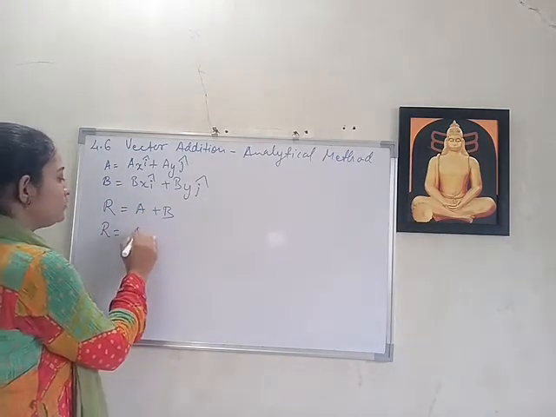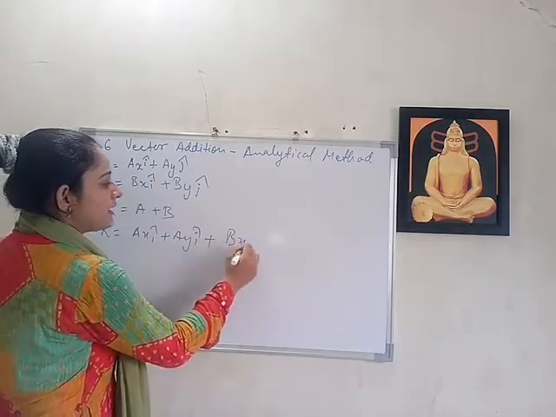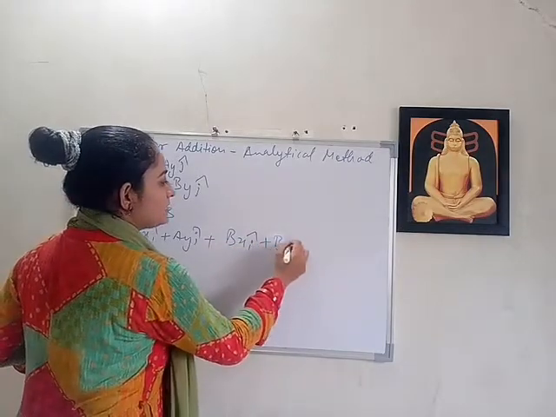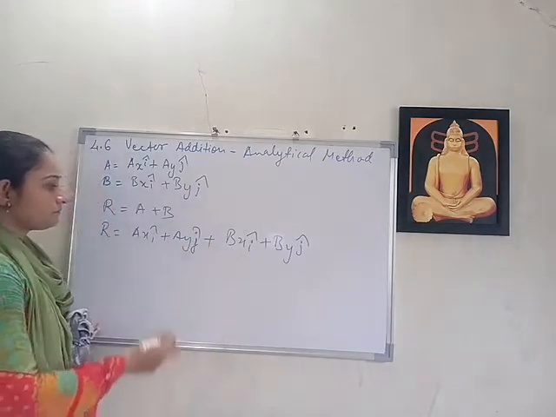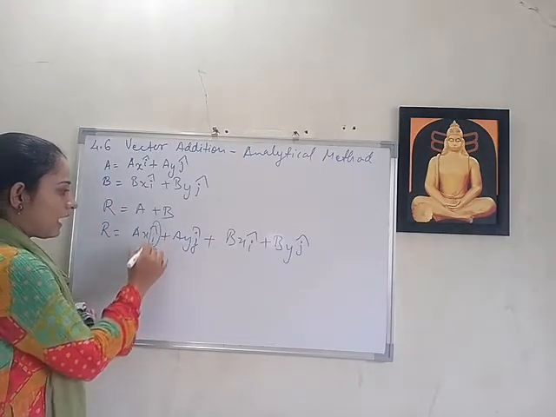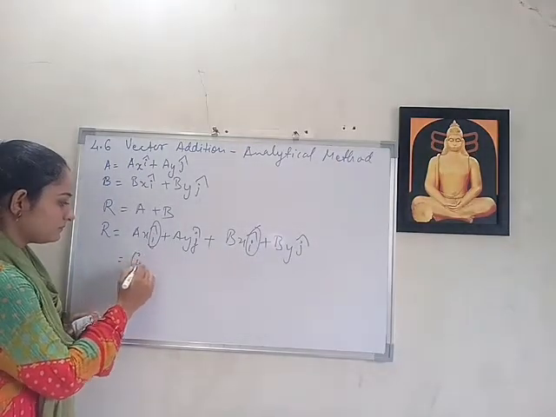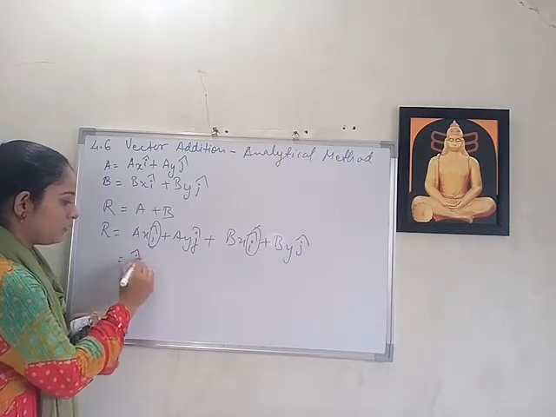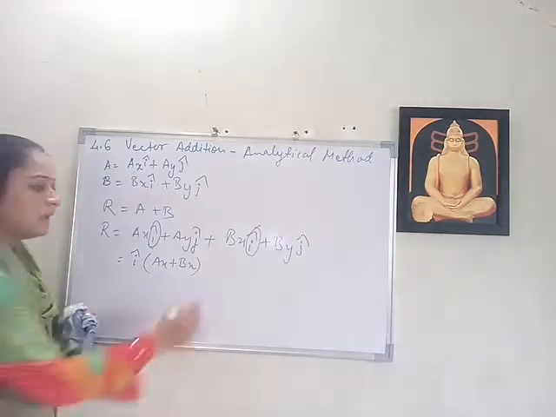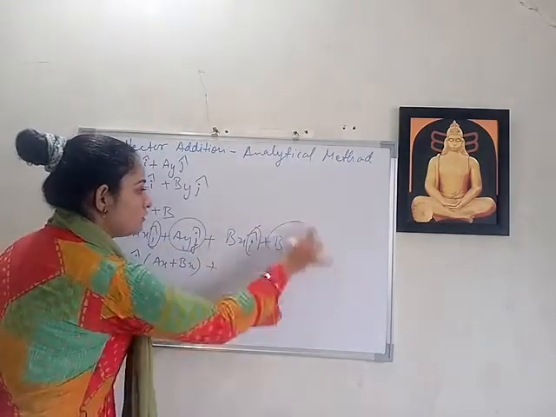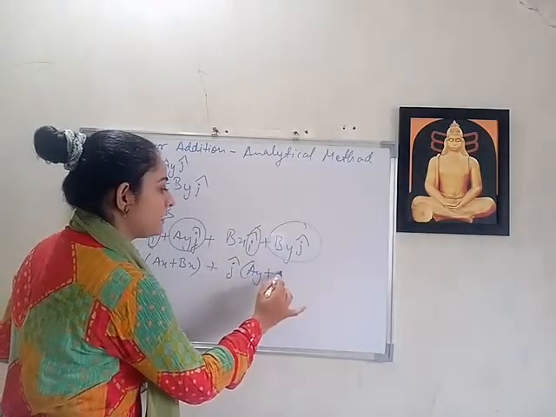R will be equal to Ax i plus Ay j plus Bx i plus By j. Now, do one thing. Take the i component common. So what will we have? i common, Ax plus Bx. Plus, from these 2, take the j component common. What will we have? Ay plus By.